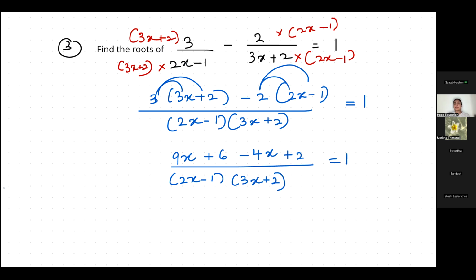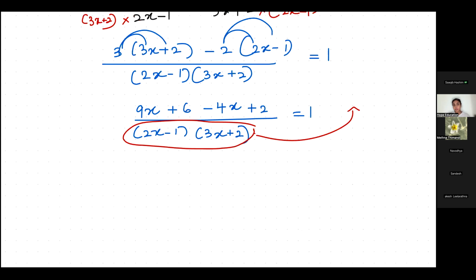Then this entire denominator, I'm going to move to the other side. Now here it is divided. When I move this to the other side, it becomes multiplication. So it becomes 1 multiplied by 2x minus 1, 3x plus 2.